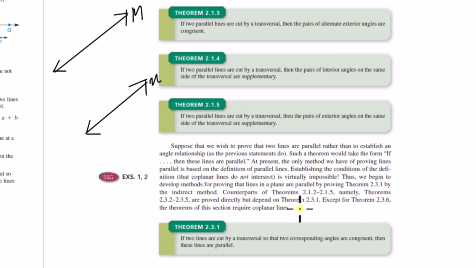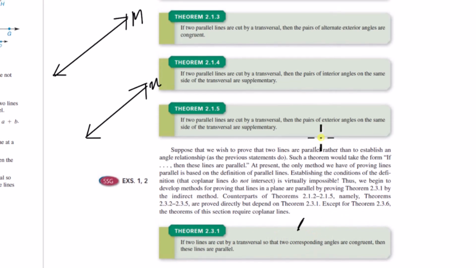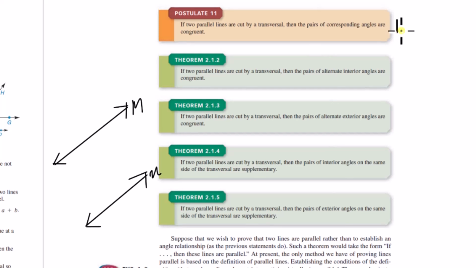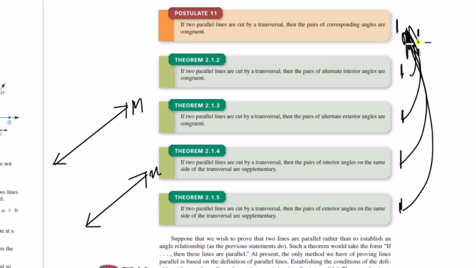But when they say that all the theorems we're going to prove depend on this, you can think about that in the sense of, like, the corresponding angles postulate is stated first, and then the other parallel line angle relationship theorems depend on that postulate, right?